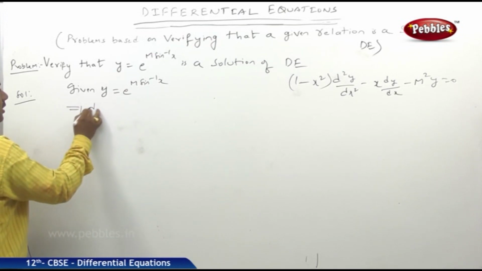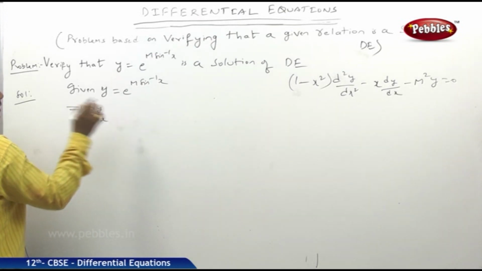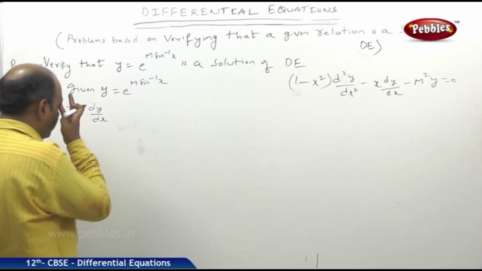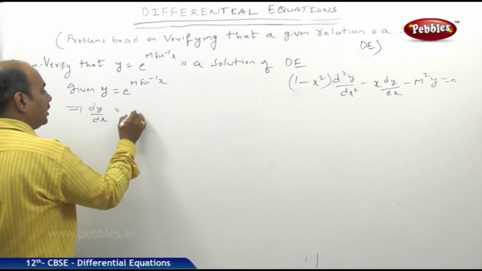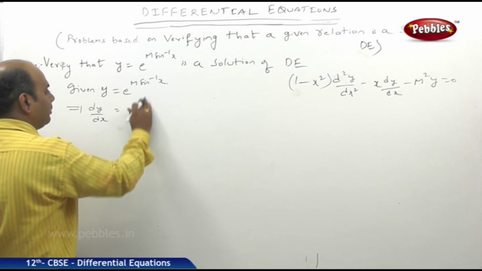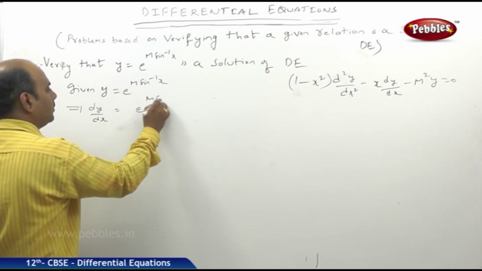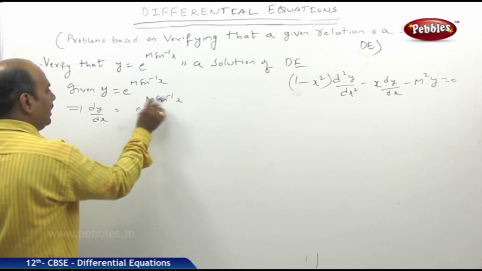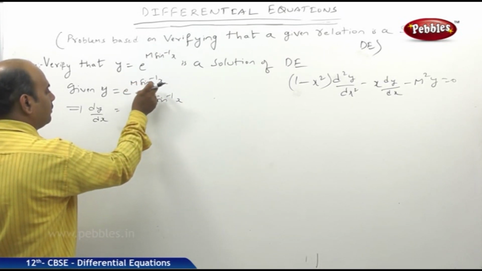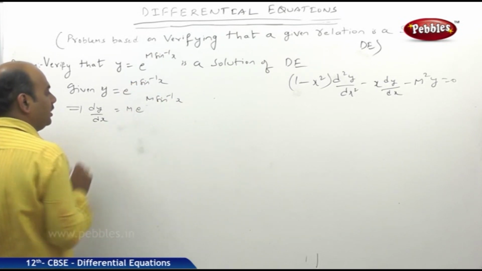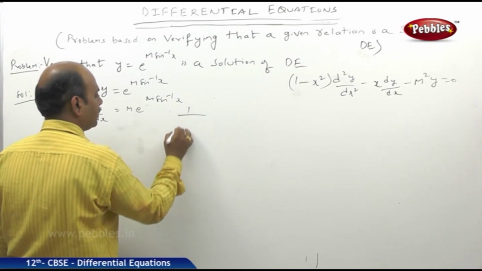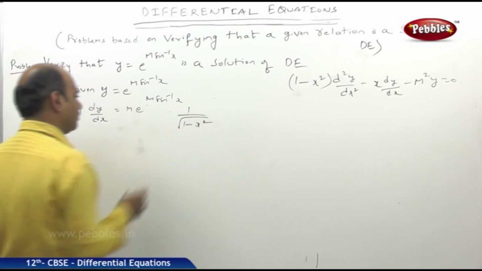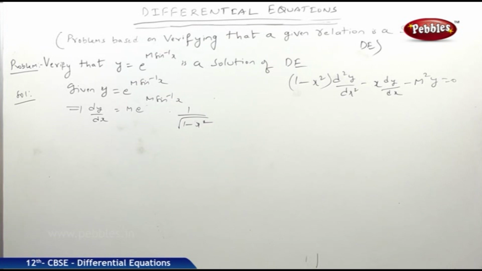So I will be finding the derivative. If I find the derivative, what happens? dy by dx is equal to e power m sine inverse x, the derivative of e power x is e power x. That means m into sine inverse x, as the coefficient of sine inverse x is m, that comes here, and the derivative of sine inverse x is 1 by under root of 1 minus x square.